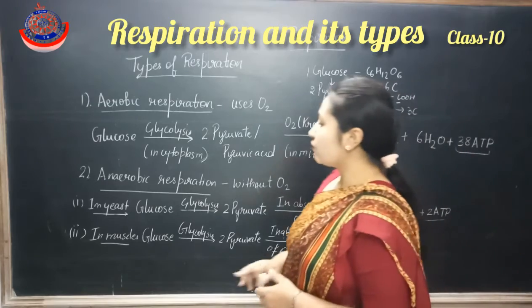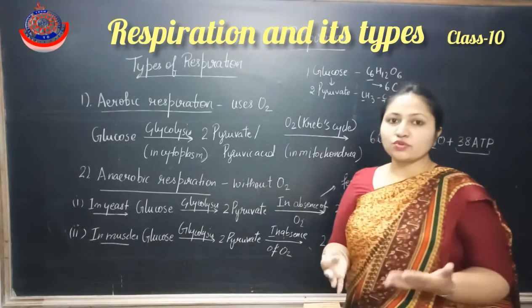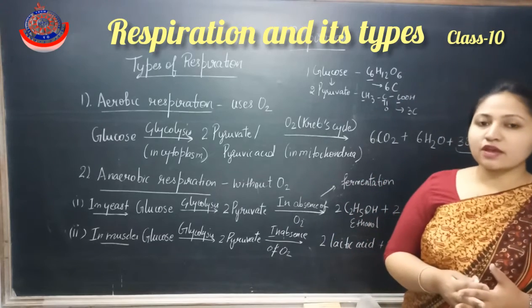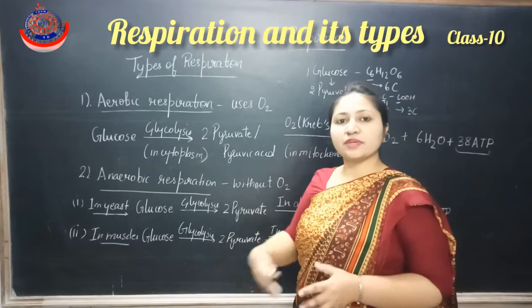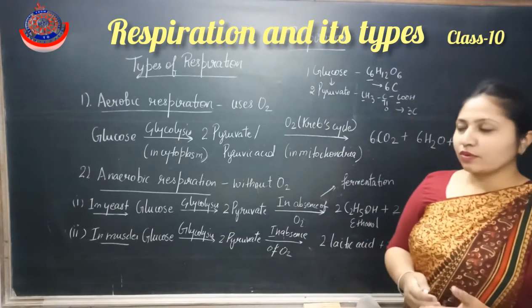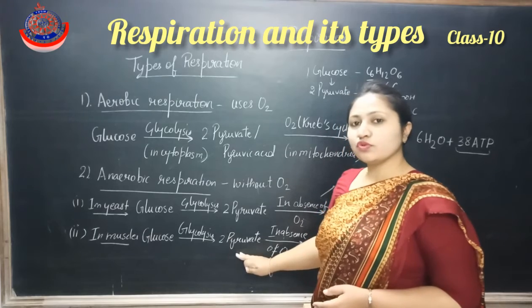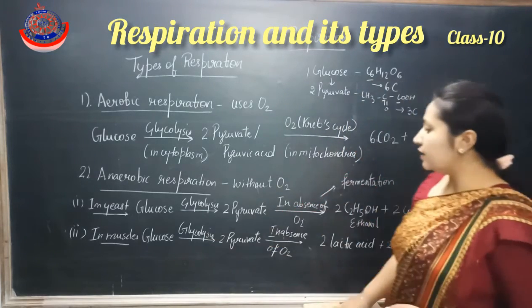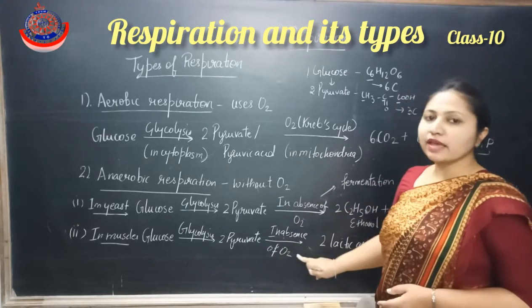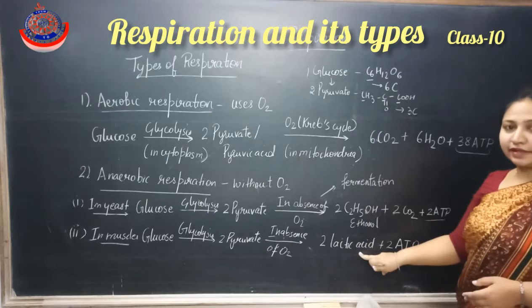Now next, in case of muscles, during vigorous physical exercise, what happens? In muscles, anaerobic respiration occurs. In that case, glucose is converted into 2 pyruvate molecules by glycolysis, and then these pyruvate molecules, in the absence of oxygen, are converted into lactic acid.